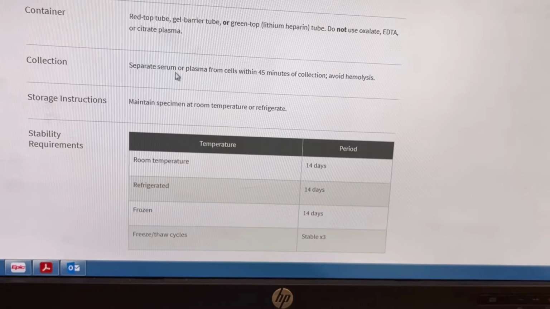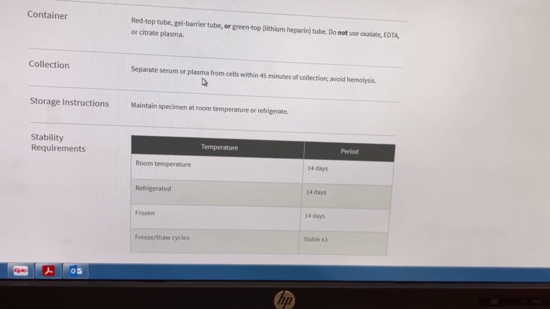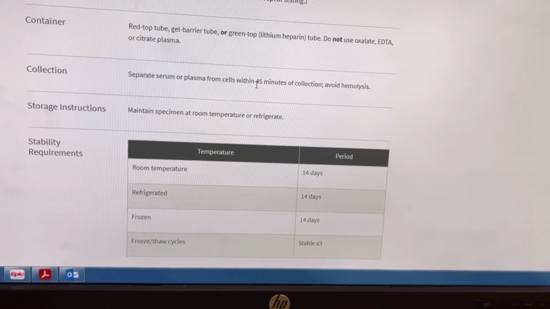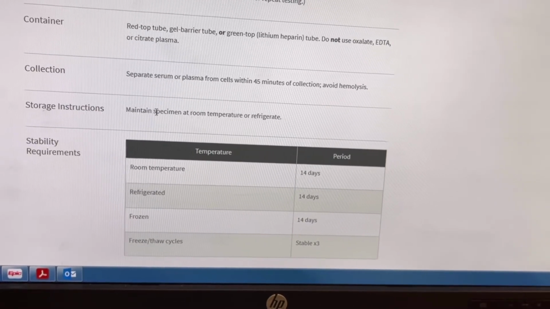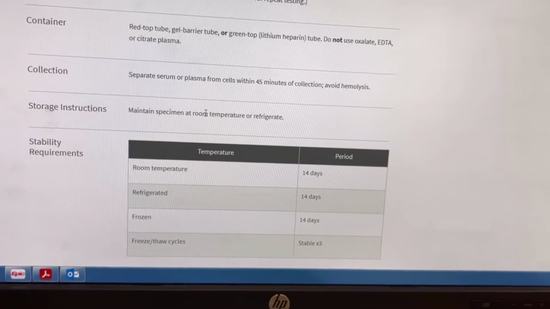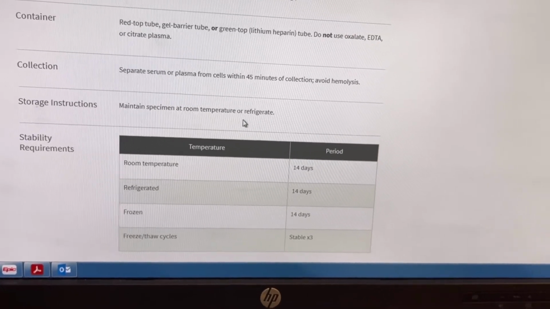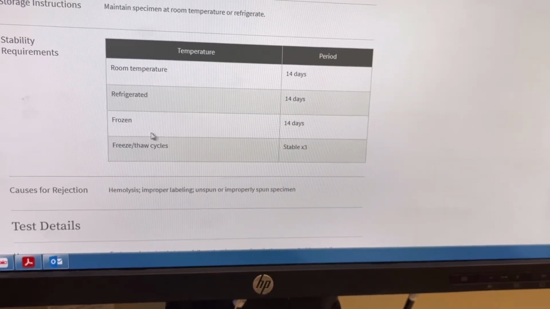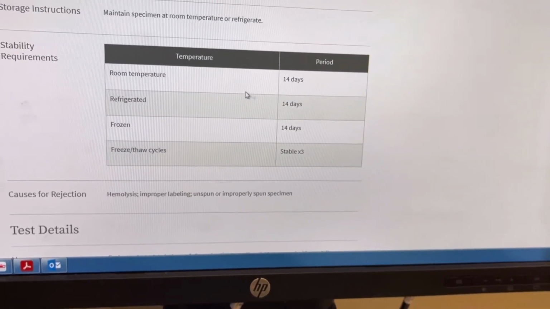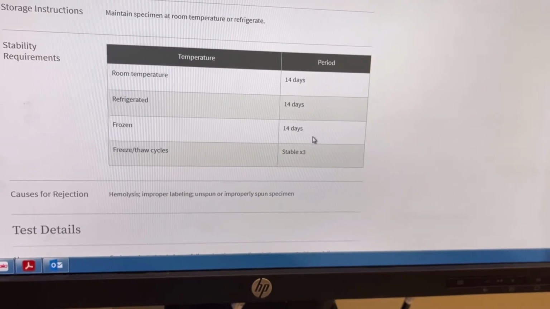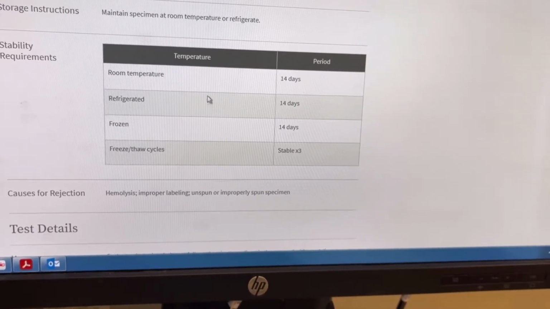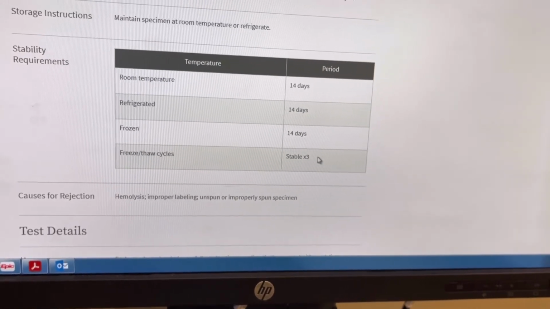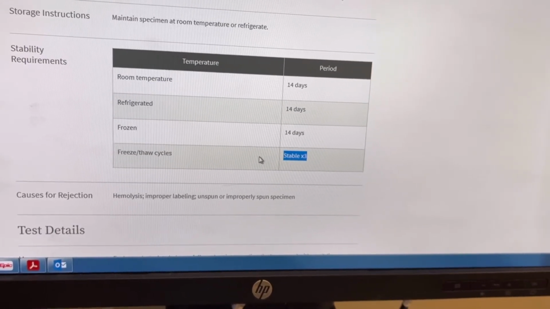So basically it's telling you that once you collect it, you wait half an hour and then spin the blood, and then it's all good after that. You have to refrigerate it or put it at room temperature. It'll also tell you how long the sample's good for at different temperatures. It's good for basically 2 weeks, whichever temperature it's in. And freeze thaw cycles, it's stable ×3.